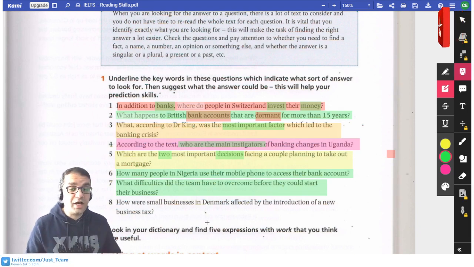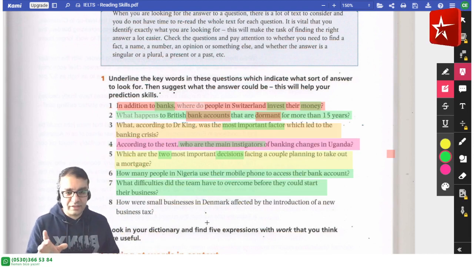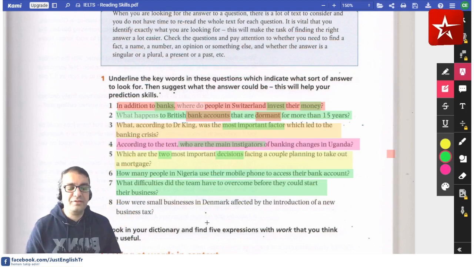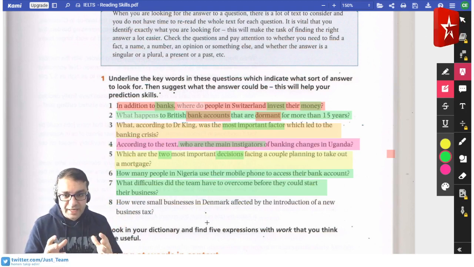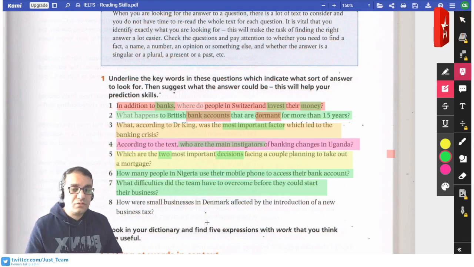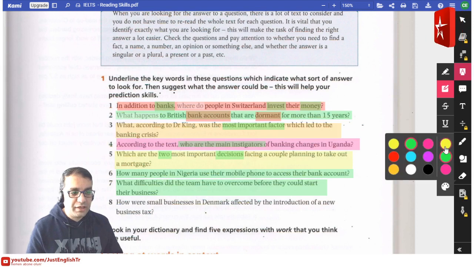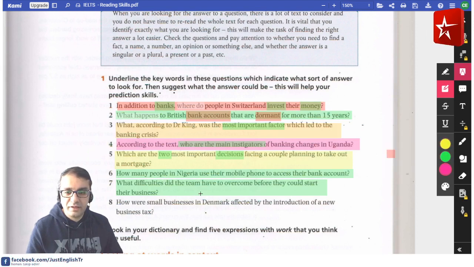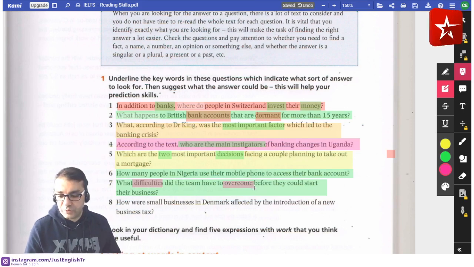Difficulties and overcome, there are difficulties, but which ones did they overcome? That's the main part. So there are two things you have to go back and map in the paragraph in the reading exam, okay? Now, I'll put a mark here, one second. I'll mark difficulties and overcome to guide you, okay?